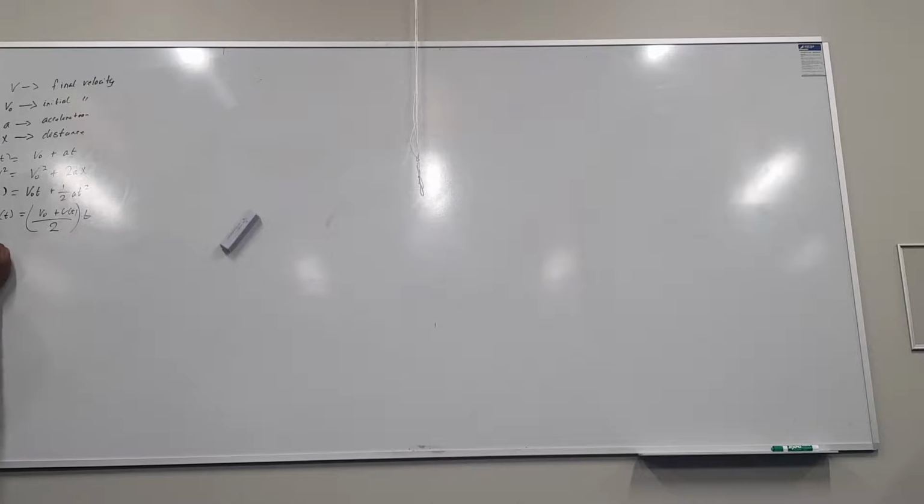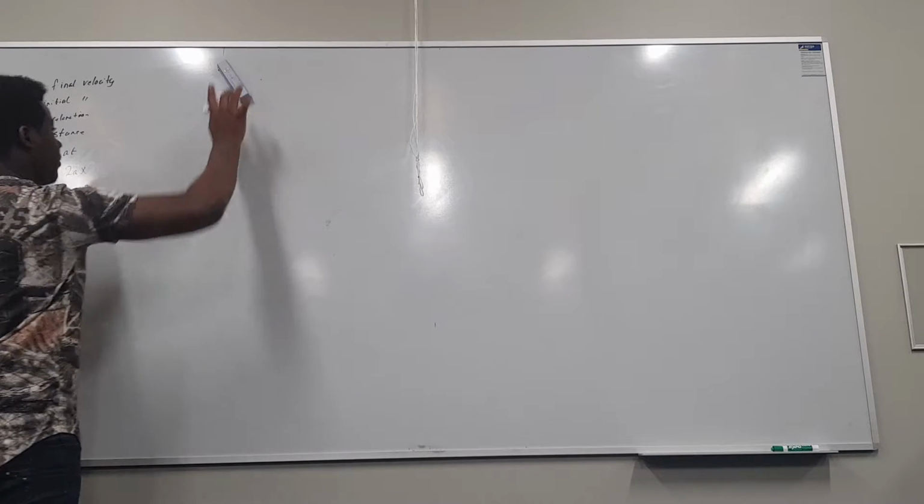We know delta a is equal to change in velocity divided by time, and so t is equal to delta v divided by delta a. And if you use this here, you can actually derive all of this equation, but that's not what I'm trying to derive today.